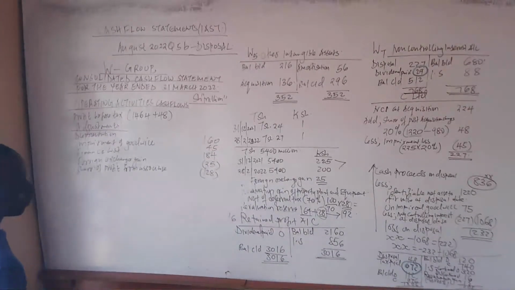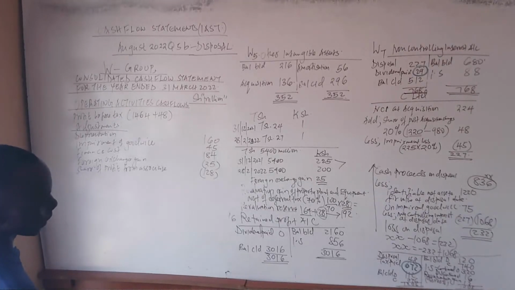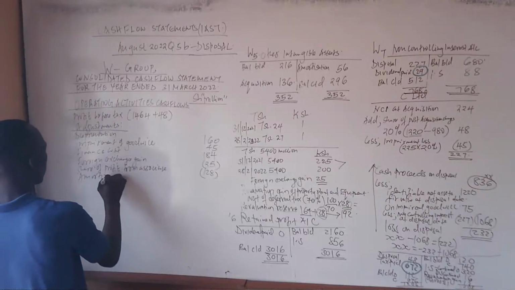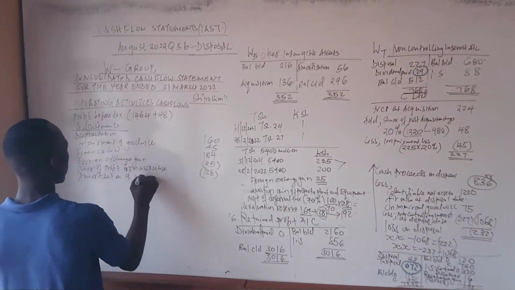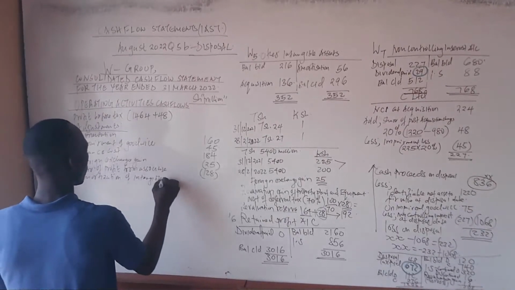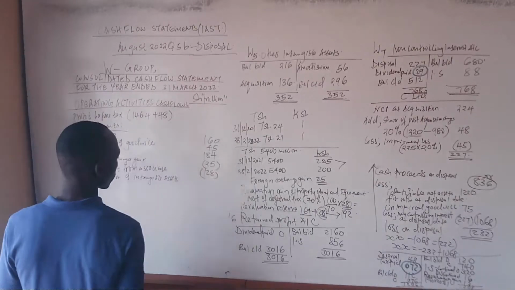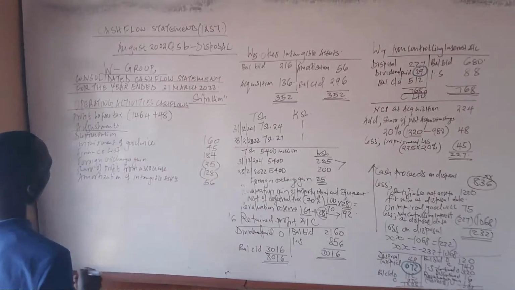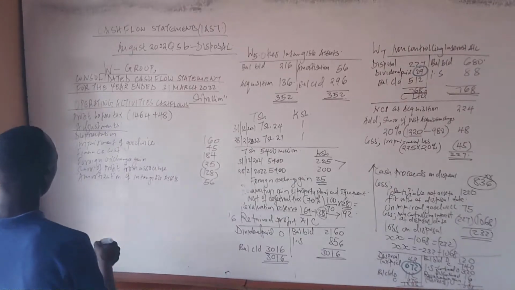Other than that, what else? Go to those accounts and non-current assets and give me what we have not put here. So we have amortization of intangible assets. How much? 56. Then I think we have adjusted almost everything.